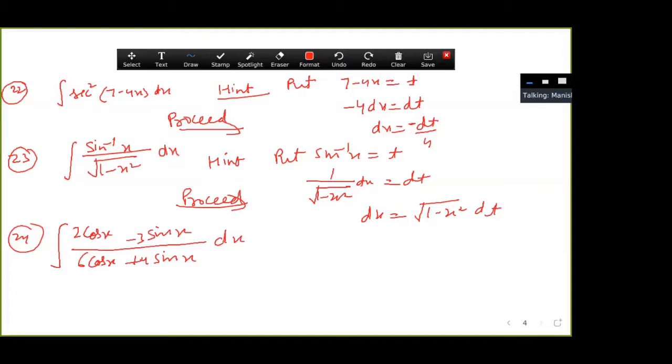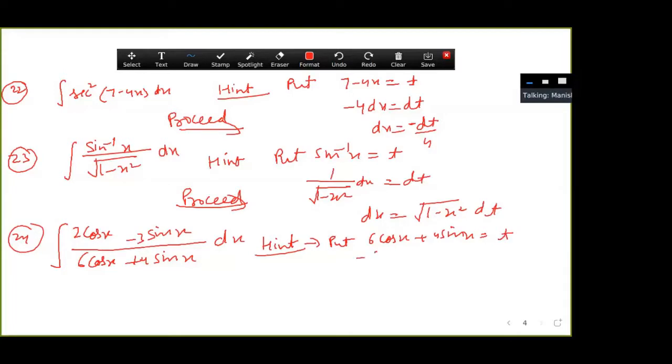Now in this question, you have to simplify it. I am just giving a hint to you. Let's write down the hint. The hint is to put 6 cos x plus 4 sin x equal to t.